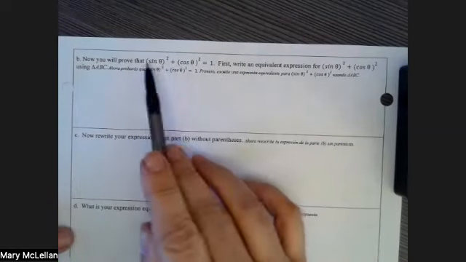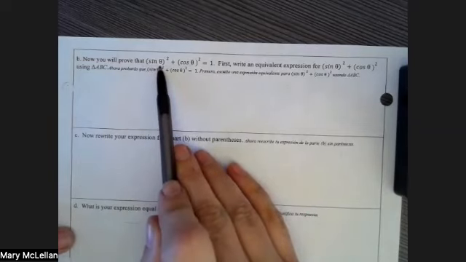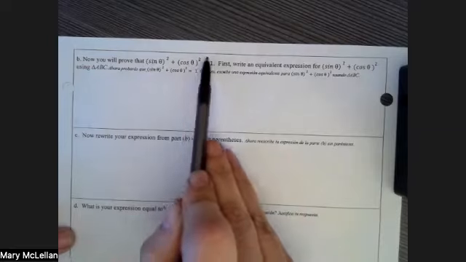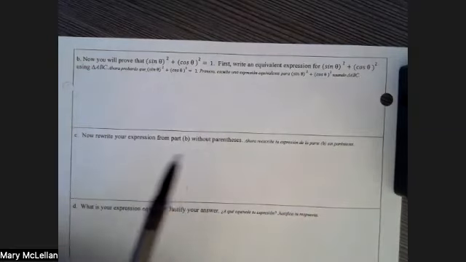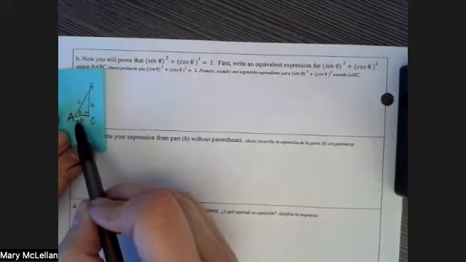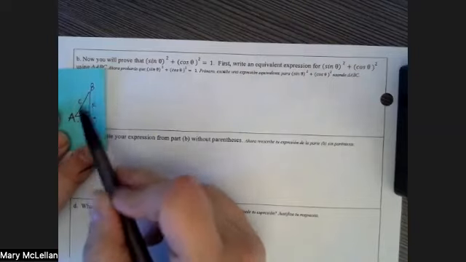I know I'm saying it differently than how it's written, because I know how it's usually said, but I'll try to speak how it's written: sine of theta squared plus cosine of theta squared equals 1. So first we're going to write sine theta and cosine theta for this general case triangle.